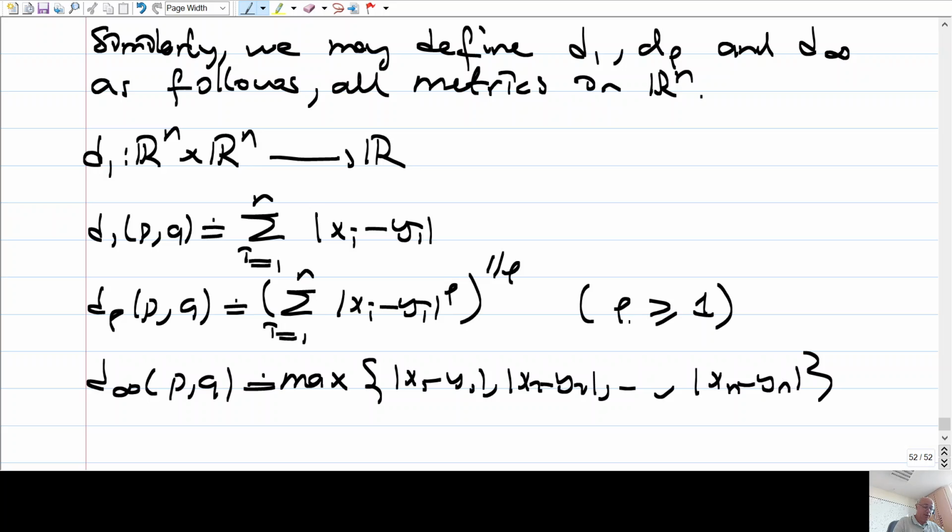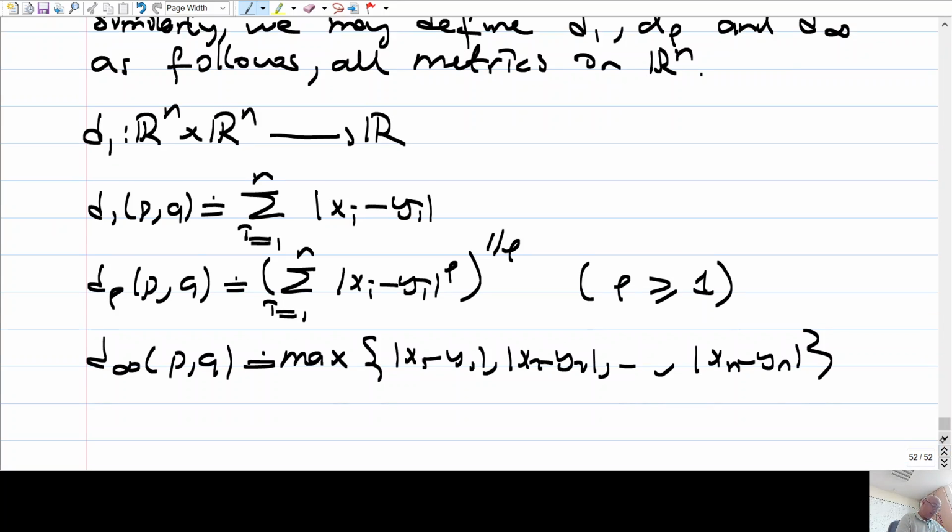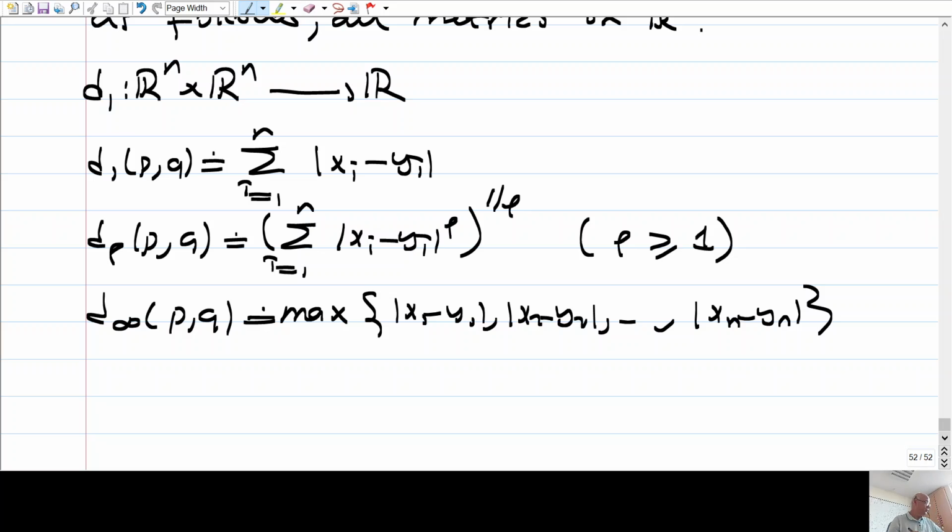And when you take rho to infinity, this metric reduces to this one, taking the maximum. So we have three metrics on R^n, and today we will start discussing relations between these three metrics.